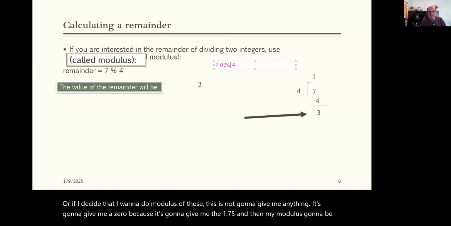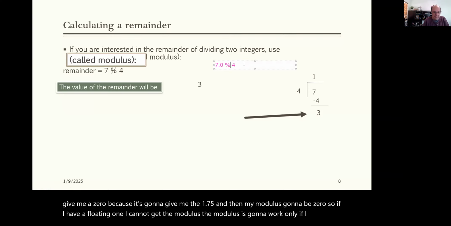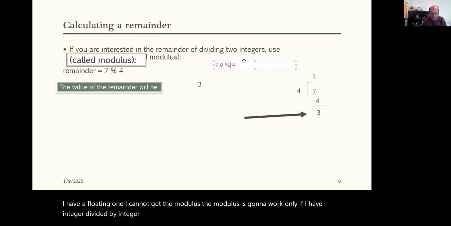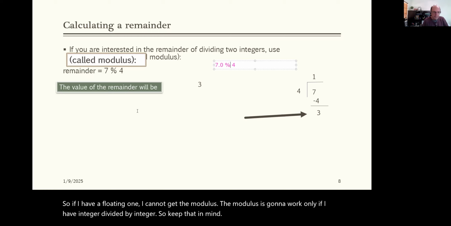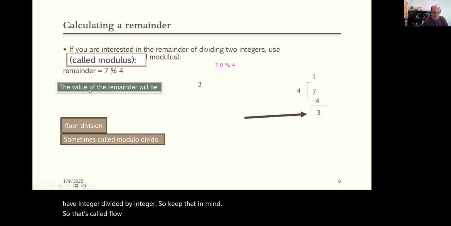So if I have a floating point number, I cannot get the modulus. The modulus is going to work only if I have an integer divided by an integer. So keep that in mind. That's called modulus, sometimes called modulo divide. That's the one we're going to be calling it this way.